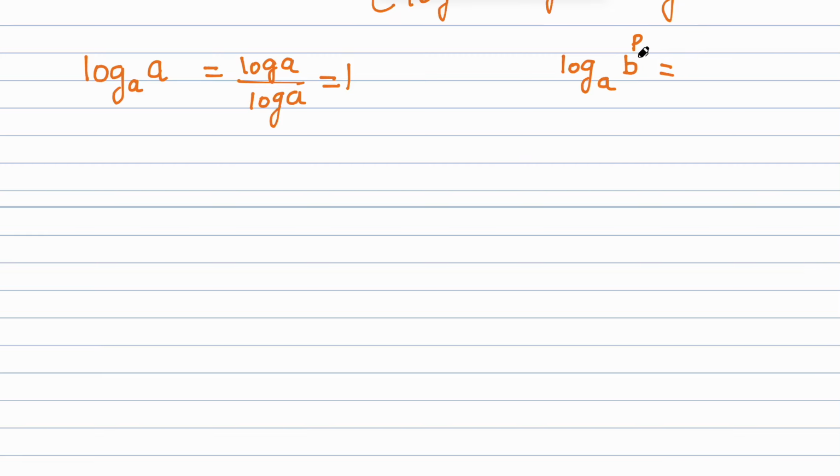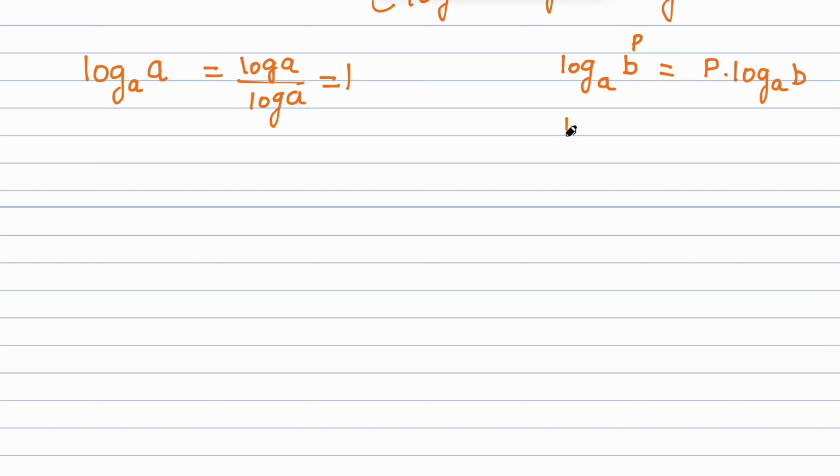Then the rule is this p comes here as a factor, and it becomes p times log of b to the base a. This again is used in multiple ways and it's literally magical. So the base rule and this property both are magical.